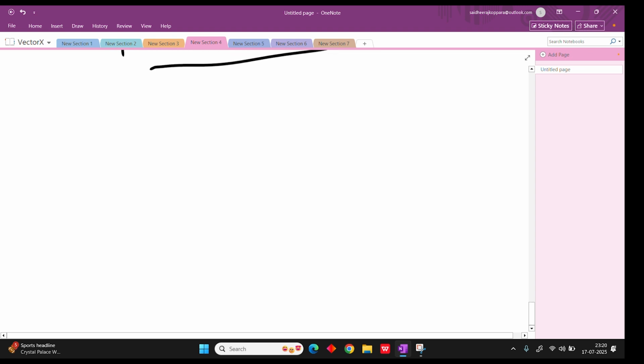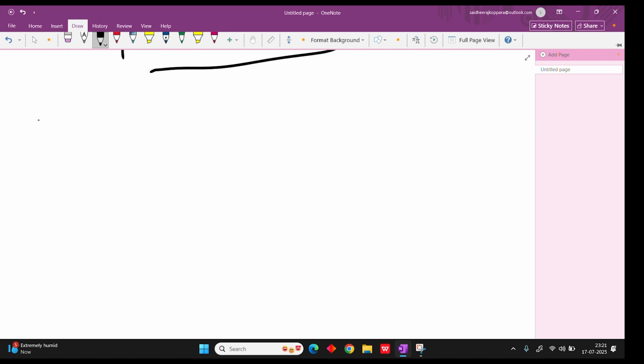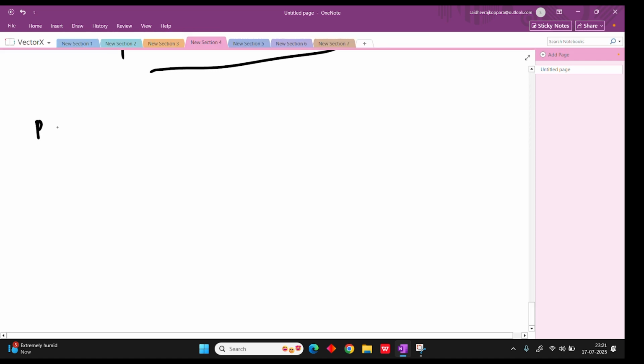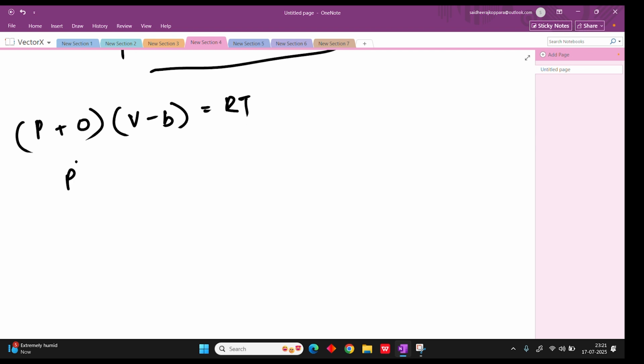Okay. Similarly, when your repulsive force is dominant, your a is neglected, then it is (P plus 0, because a is neglected) times (V minus b) equals RT.